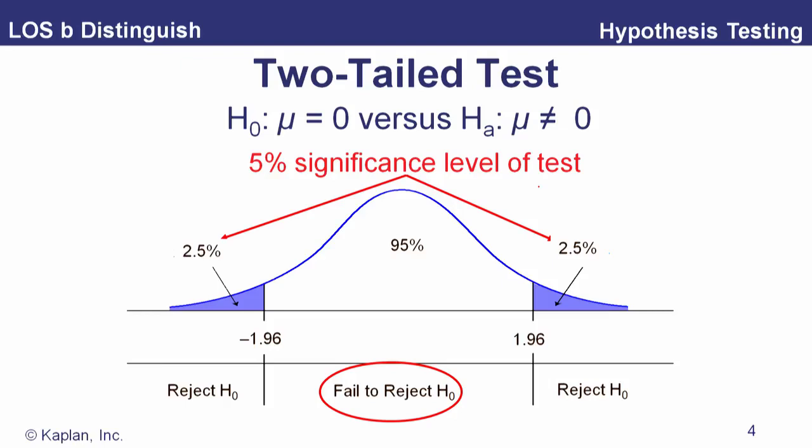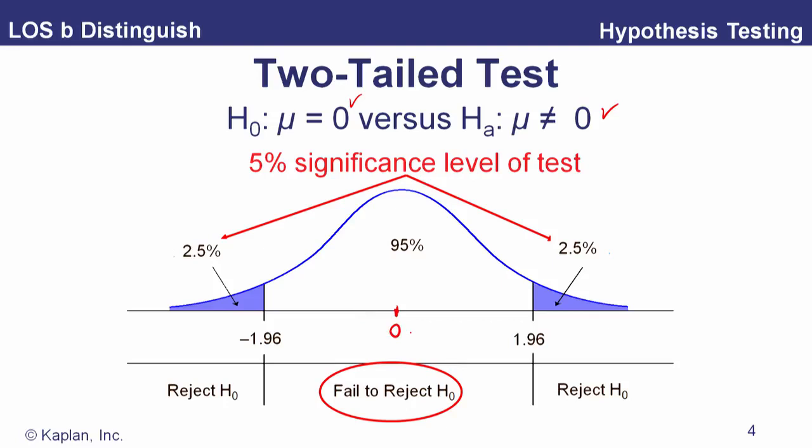So in this example, we've got a null hypothesis that the mean is 0. The alternative is simply not equal to 0. So if 0 is right here, when are we going to reject the null hypothesis? We're going to reject the null hypothesis if we get a value that's very far away from 0.